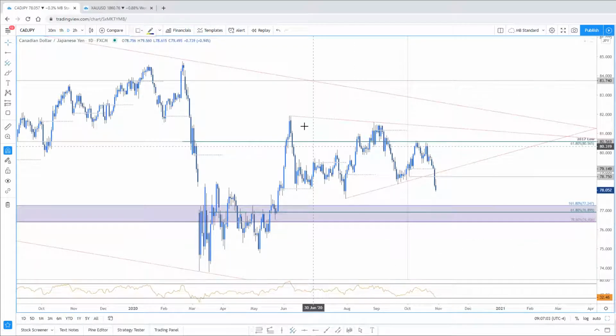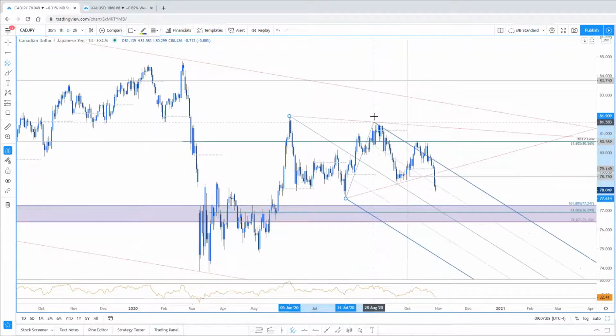What I would like to do on a move like this is I'd like to see if there's some slope to offer guidance.